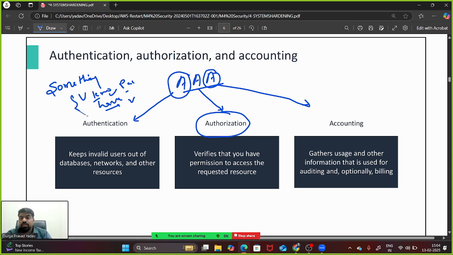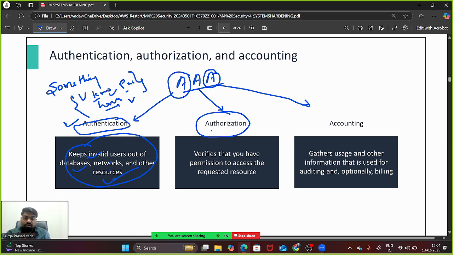These will be your authentication agents, and they will authenticate and keep only the valid user, and keep invalid users out of the database, network and resources. Keeping invalid users out of the database, network and your resources is nothing but authentication. Authentication is the method by which, using a few authentication agents, you prove that you are the valid user.